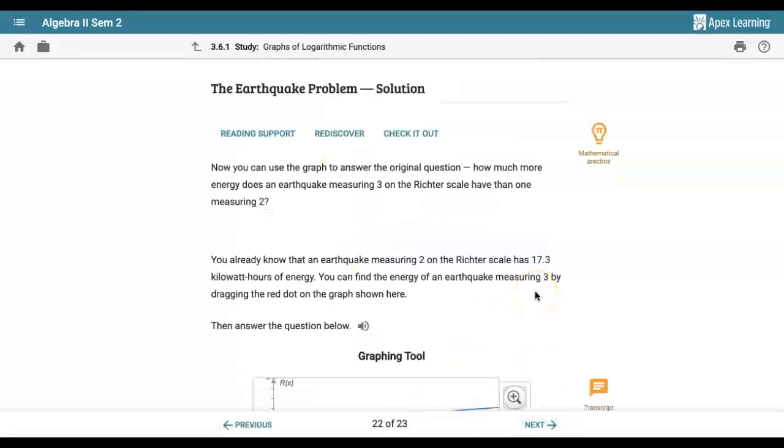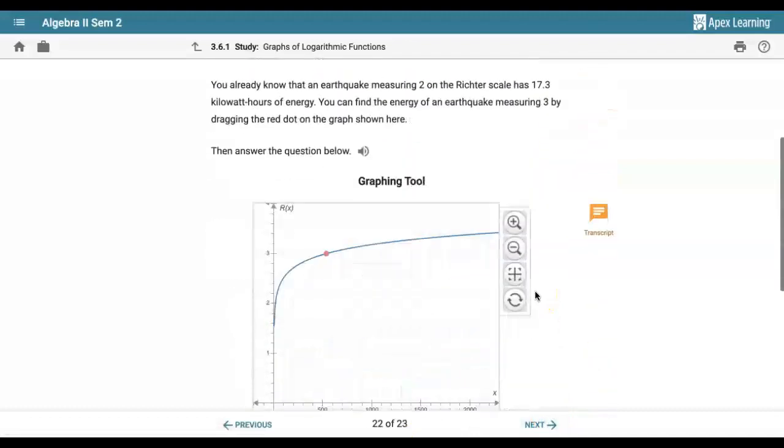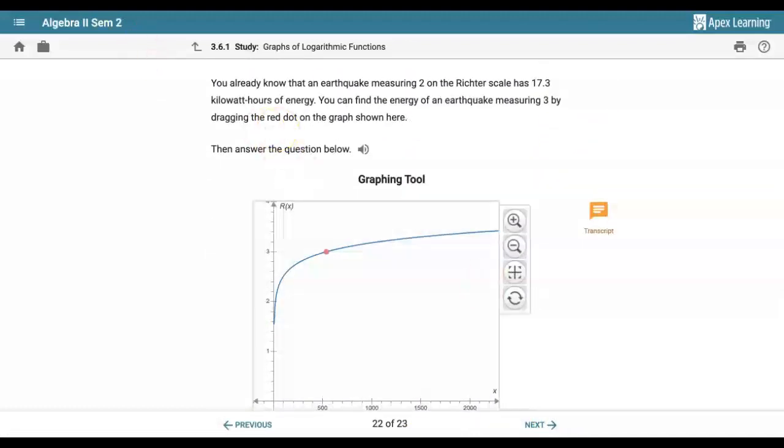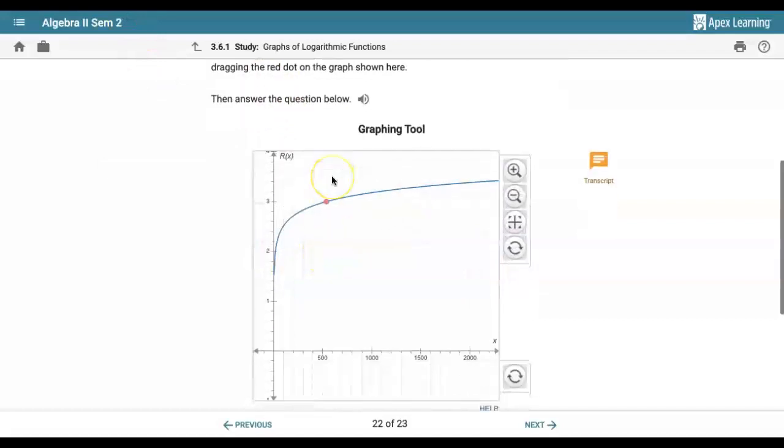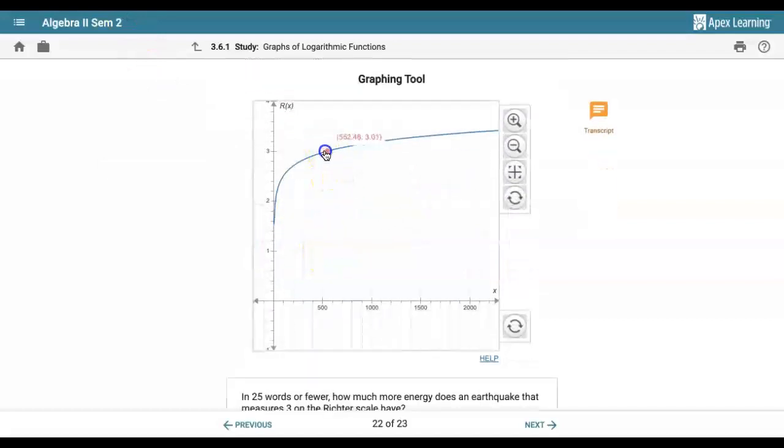All right. And what we could find out then, of course, is the energy when it's equal to 3. So clearly here, our red dot, if I move it and I'm really careful, our red dot equals 3. Our energy is 534.03. All right, so that's what we need in terms of our energy.